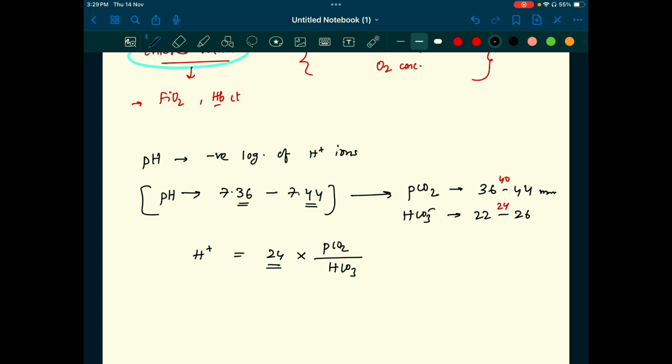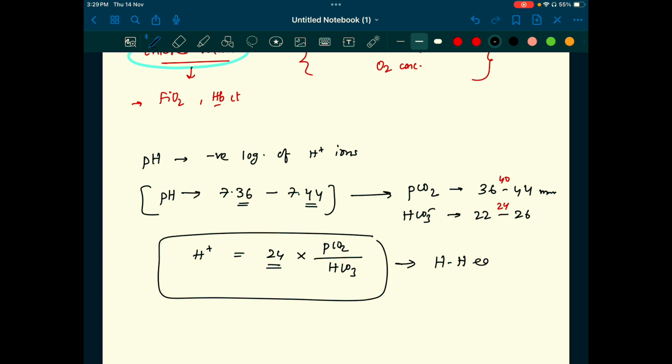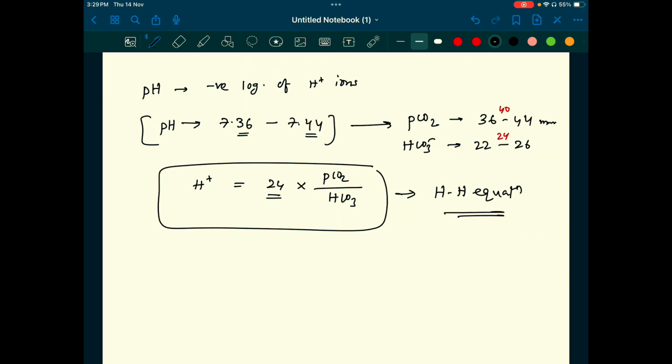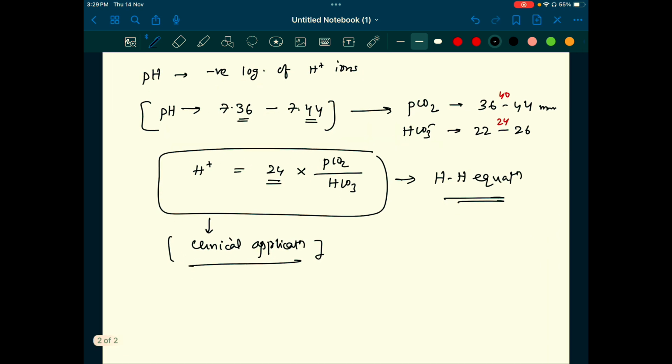Remember this, and this we have studied in chemistry. It is nothing but the Henderson-Hasselbalch equation. So why is this important? What is the clinical application of it? We are going to see in this video itself.